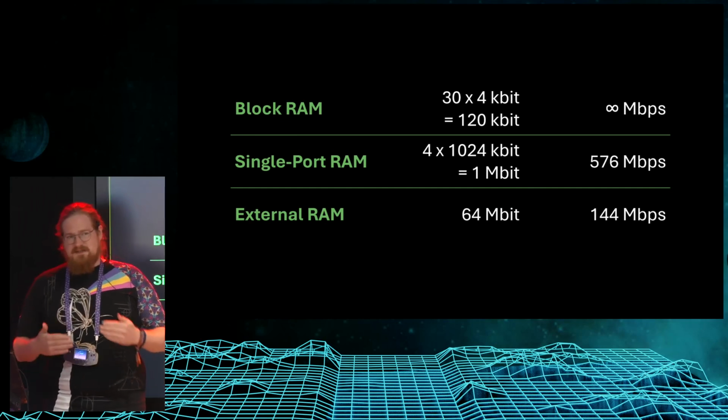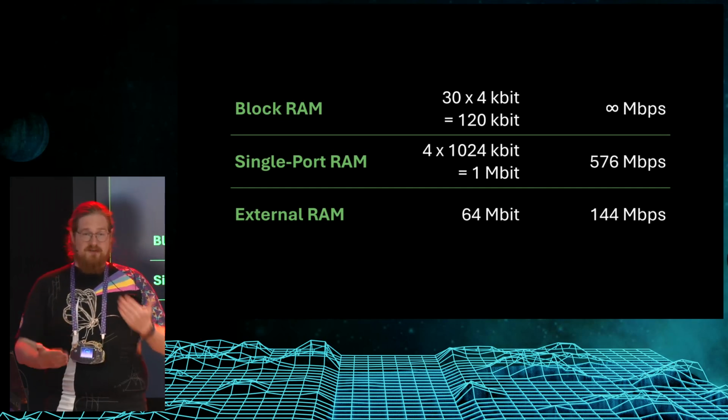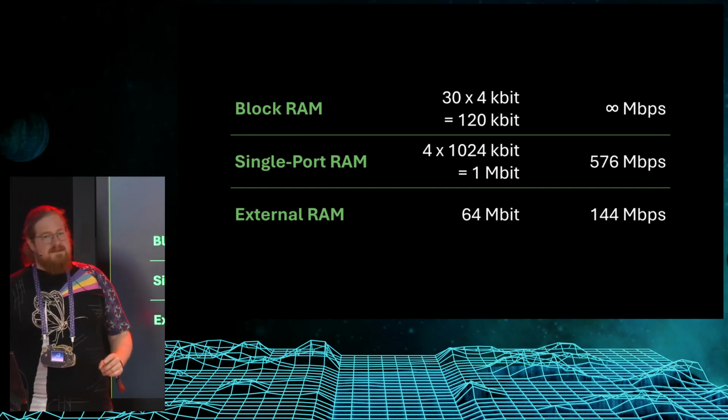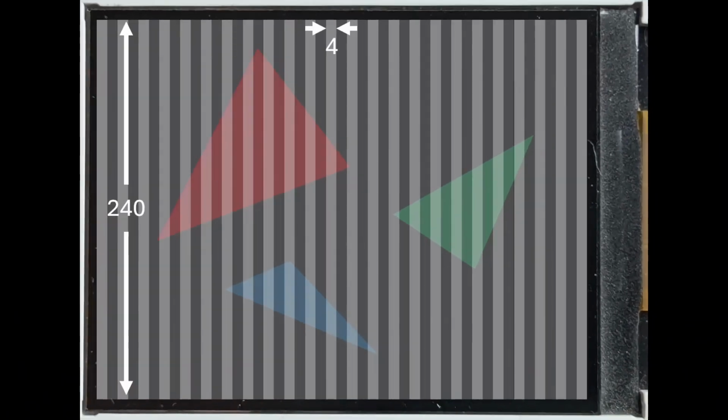And in practice, you will probably need a bit more for overhead and when you're drawing triangles on top of each other. So I'll draw things a little bit differently. What I'll do is divide the screen into little vertical strips that are 4 pixels wide and 240 pixels tall.